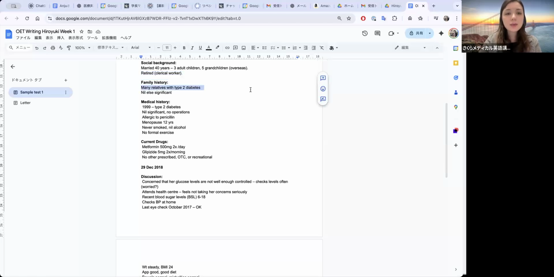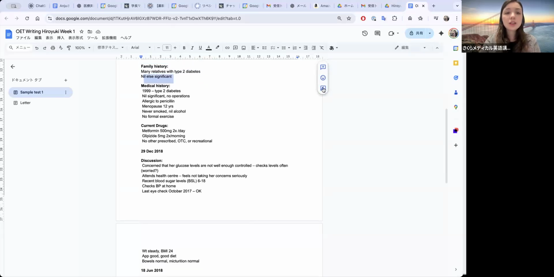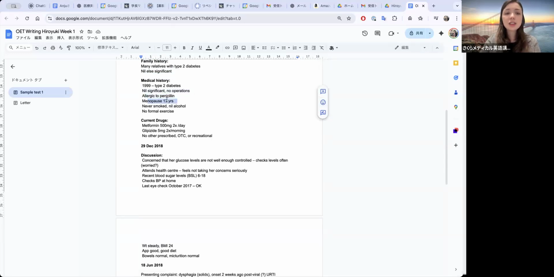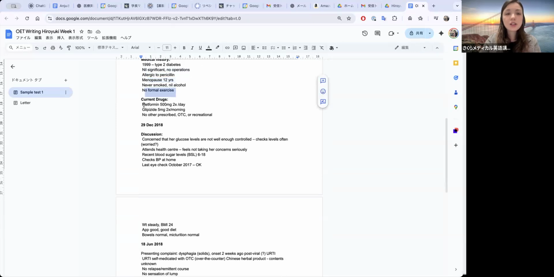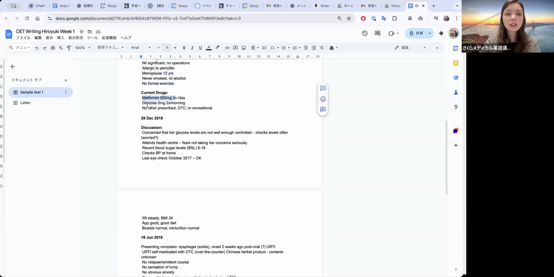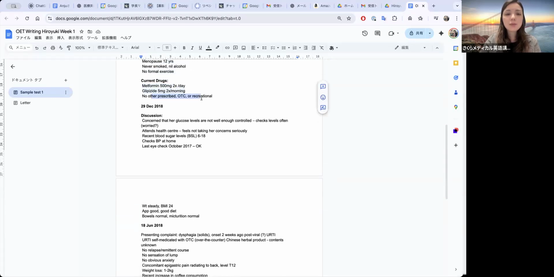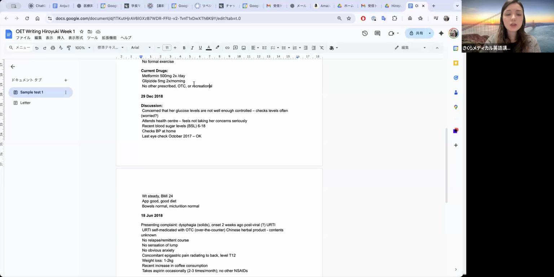Many relatives have type 2 diabetes, nothing else significant. Medical history: type 2 diabetes diagnosed in 1999, no operations. She's allergic to penicillin, has been in menopause for the last 12 years, has never smoked, drinks no alcohol, and does no formal exercise. She takes metformin and glipizide, no other prescribed, recreational, or over-the-counter medication.